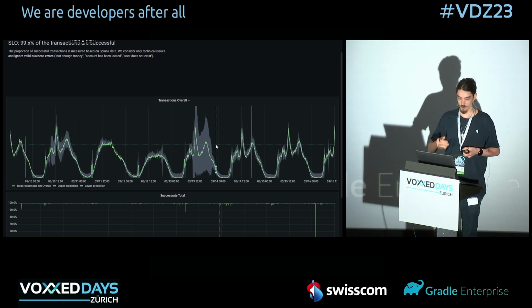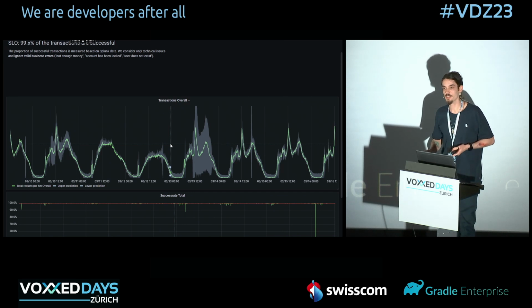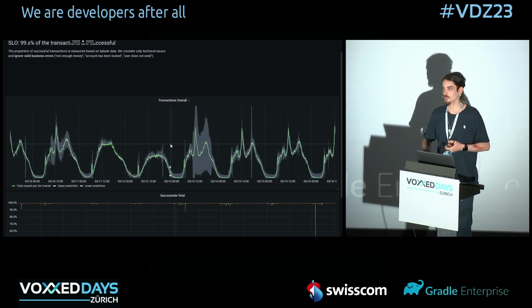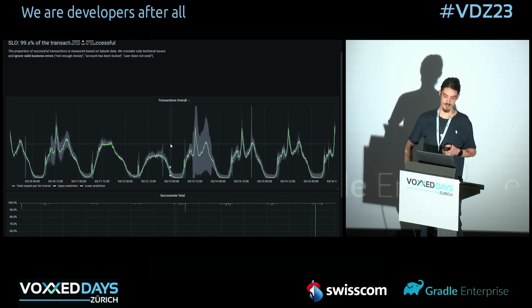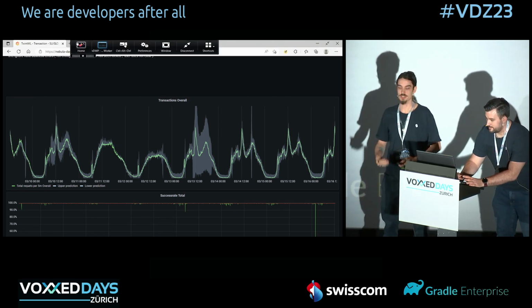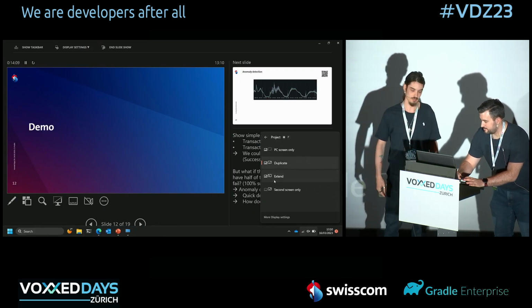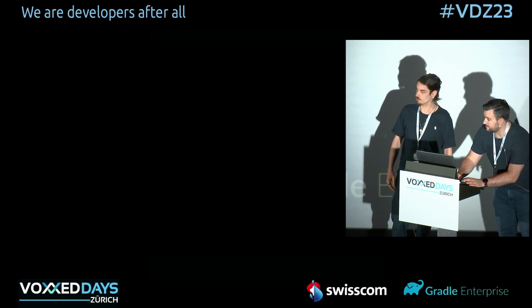And therefore, if we have fewer transactions than usual, the value falls outside of the predicted range, and we get an alert for that as well. So that covers also this case. It's not perfect, but it gives us yet another way of measuring if something goes wrong.